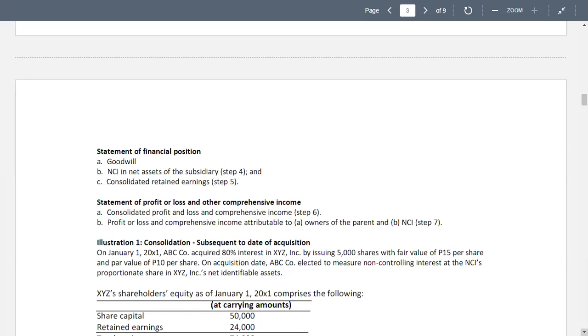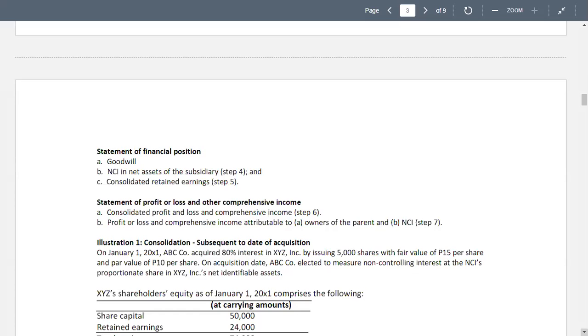So if you have 5,000 shares, the par is only 50,000 pesos.